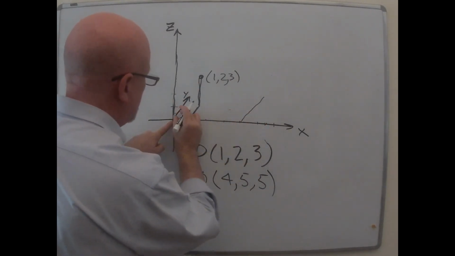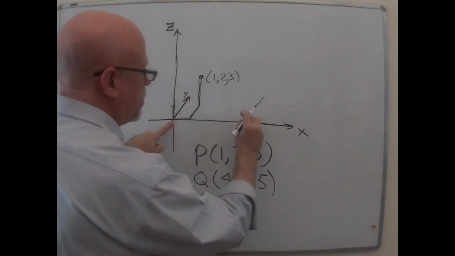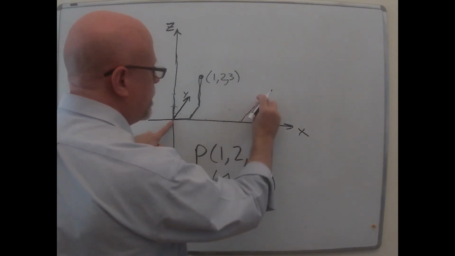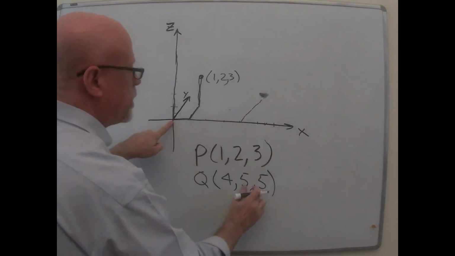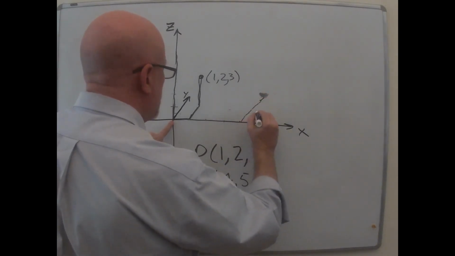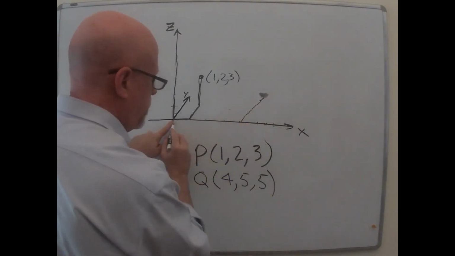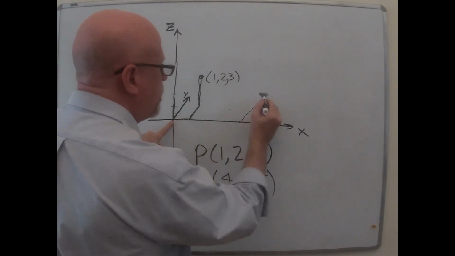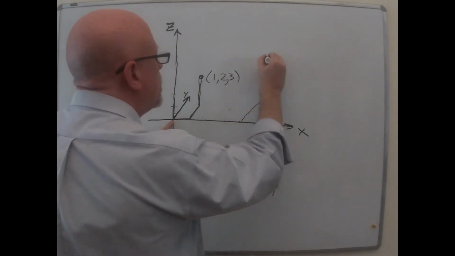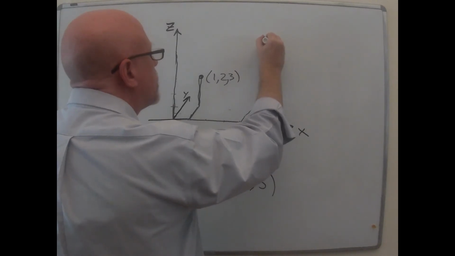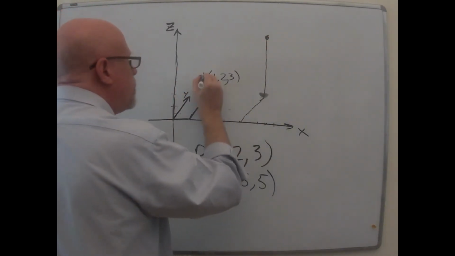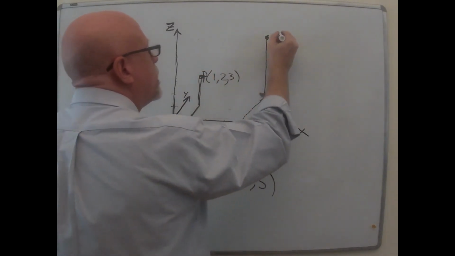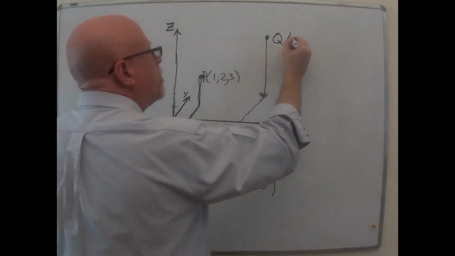And I think in the y direction, things are a little foreshortened, so that's probably 5 right there. Nope, I don't want to draw the point there because I also have to go 5 vertically. So out 4, back 5, and now up 5. I think that's about like so. So that's, oh, I didn't put the label on it. P is 1, 2, 3. Q is 4, 5, 5.